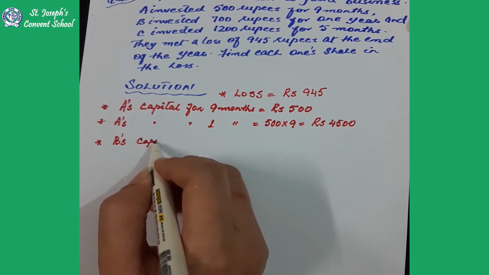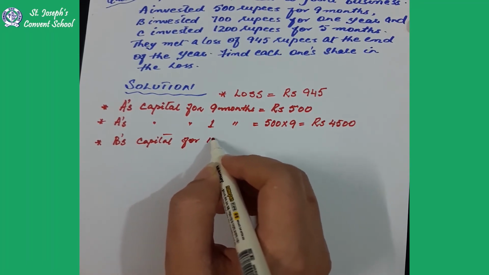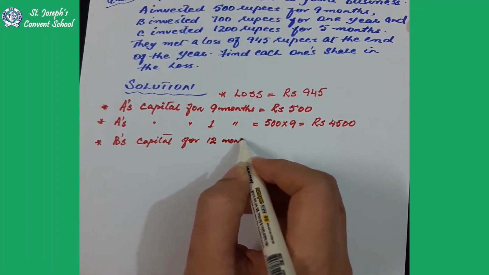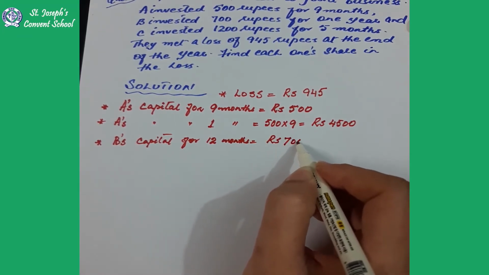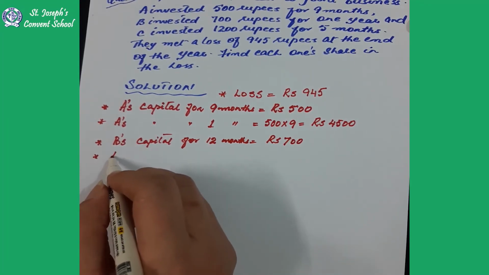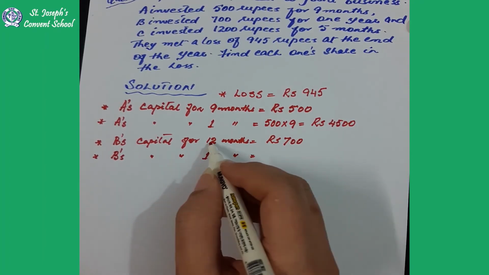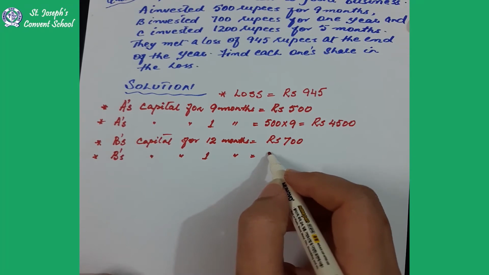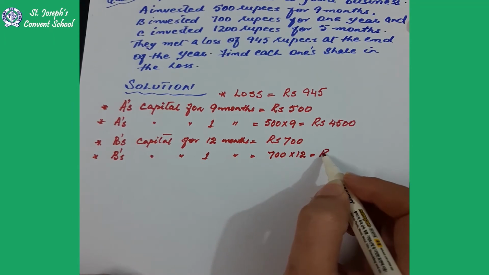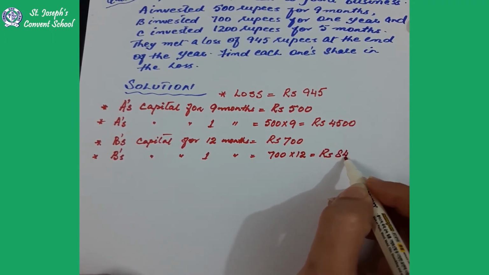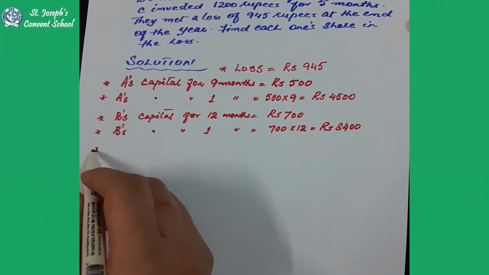Now B's capital is for 1 year means 12 months, and this amount is 700. Now we will find B's capital for 1 month. So we'll multiply 12 into 700. 700 into 12, so amount will come rupees 8400.